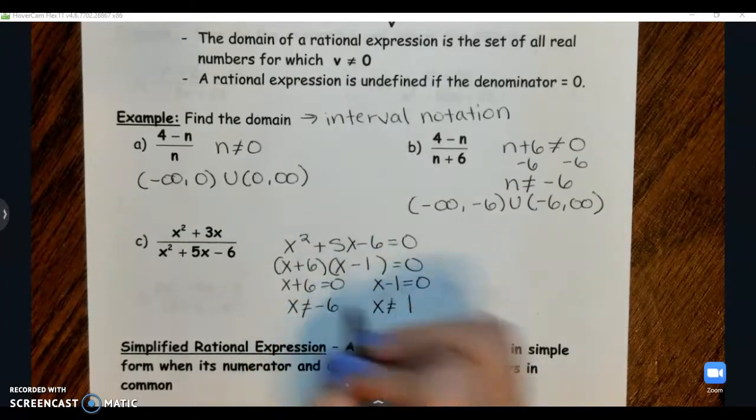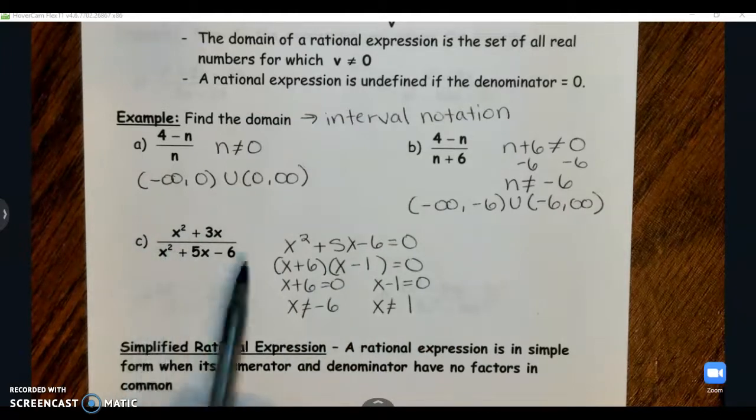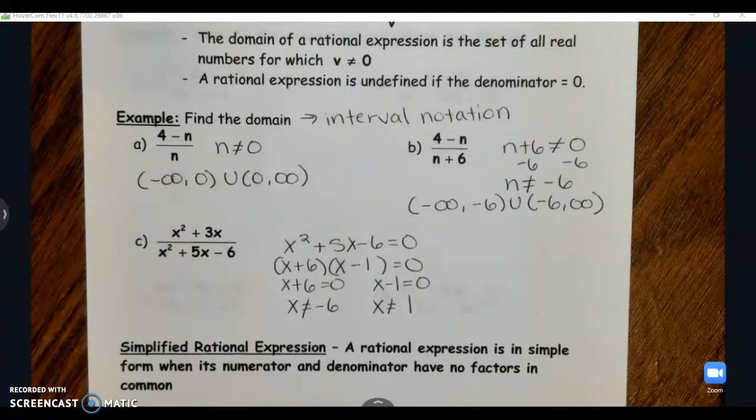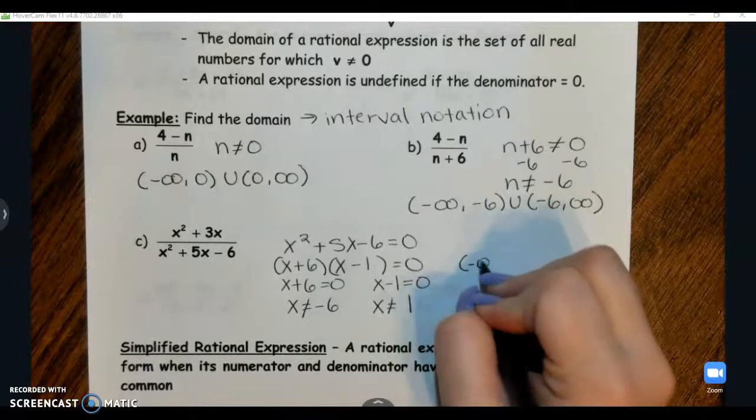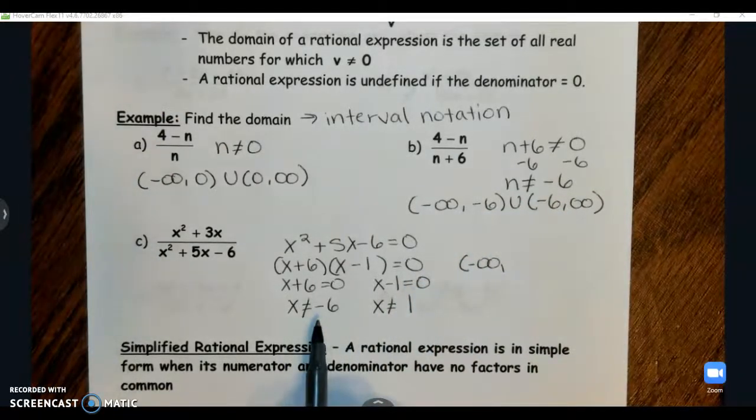I don't want either of those numbers plugged into my expression here because then I'm going to get 0 in my denominator. So how do we write this in interval notation? We're going to have 3 different intervals here, and the way that we do this is we go from least to greatest. So we're going to go from negative infinity, and then of my 2 boundaries here, negative 6 is smaller.